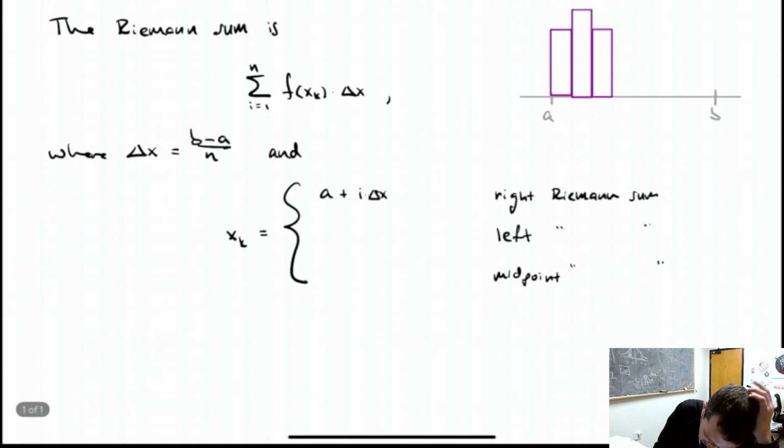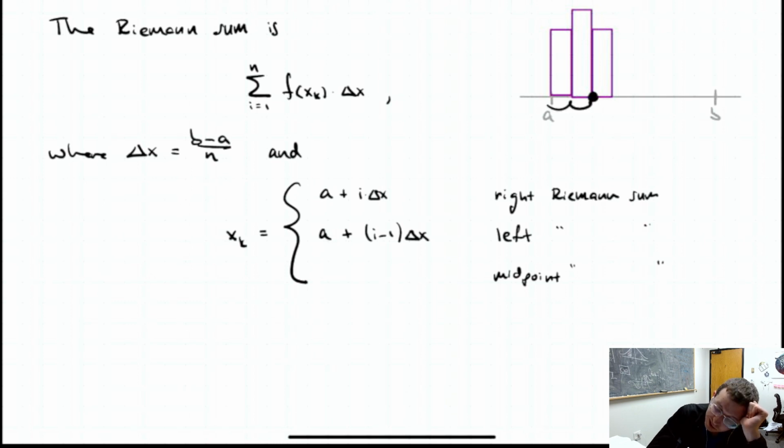The left endpoint is a plus i minus 1 times delta x. The point being that you just go one fewer rectangle to the right. So the left endpoint of the third rectangle is right here. That's a plus, not 3, but 2, only 2 rectangle widths.